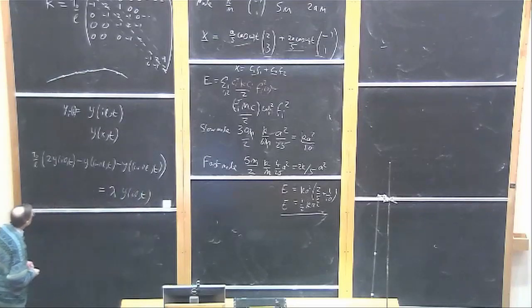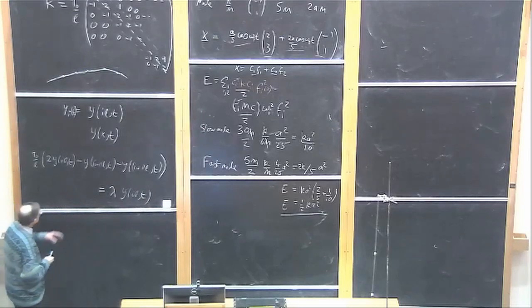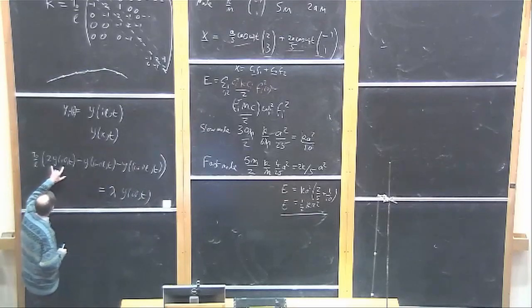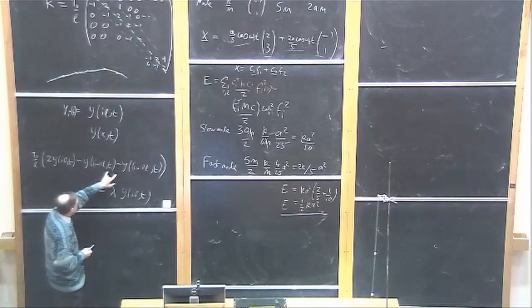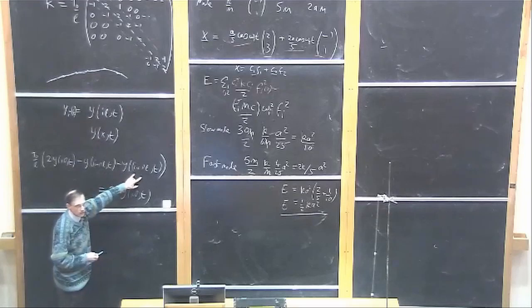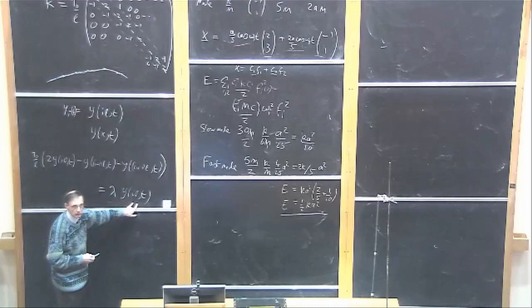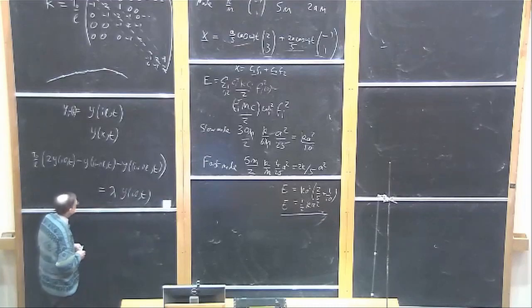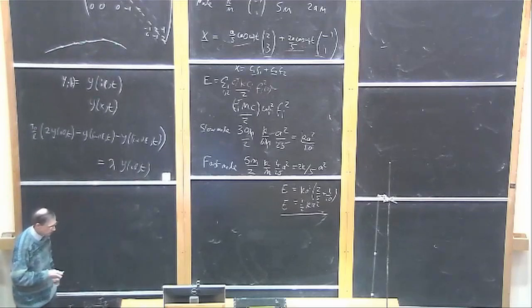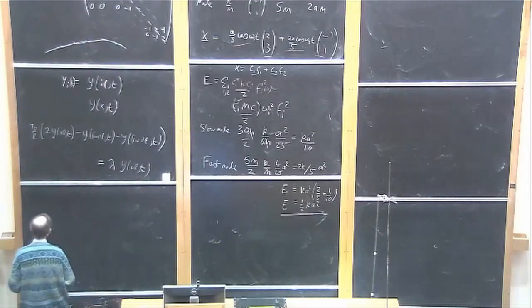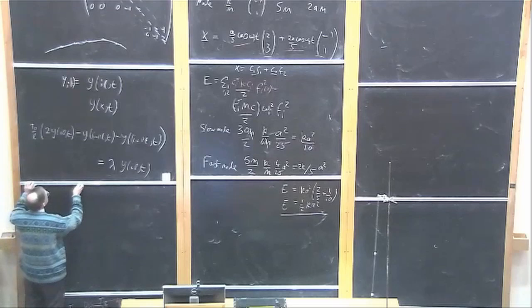So what could the function be that if you combine twice the value at this point with the values at the two neighbouring points on either side, you get something that's proportional to the value at that point? So you think about the functions that you know about, and your attention gets drawn to trigonometric functions because they have difference relations of the right kind.